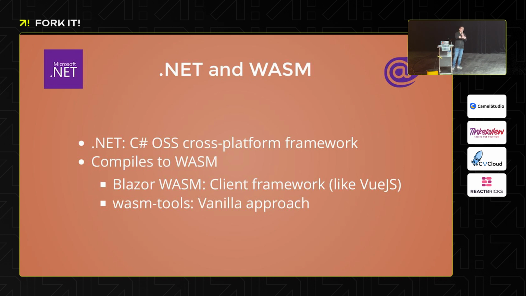Instead of writing JavaScript, you write C#, which is compiled into WASM. But for this kind of project where you develop a video game, you want to start with a vanilla frameworkless approach. That's why you have WASM tools, which is more a vanilla approach if you want to write C# that runs as WebAssembly.